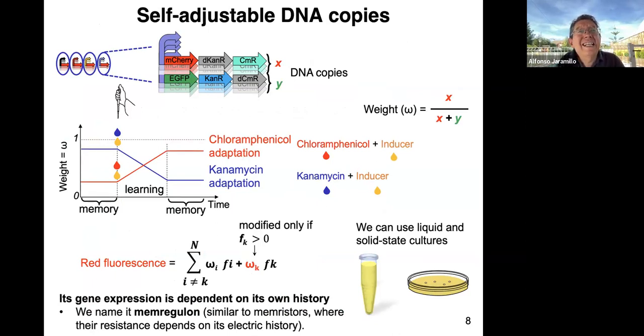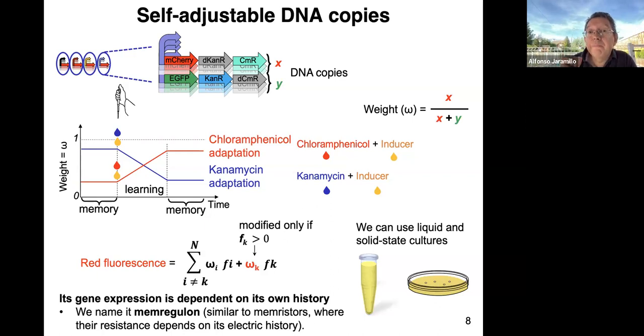Okay, so this is like some type of Lamarckian behavior, that is, the more chloramphenicol resistant you are, the more you can be resistant afterwards. So you put the cells in chloramphenicol, and they get more chloramphenicol resistant. You put more chloramphenicol and they get even more resistant, without getting any mutation.